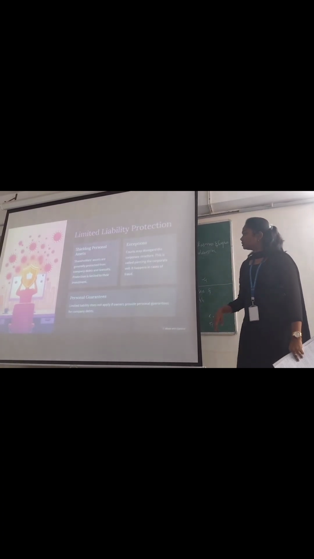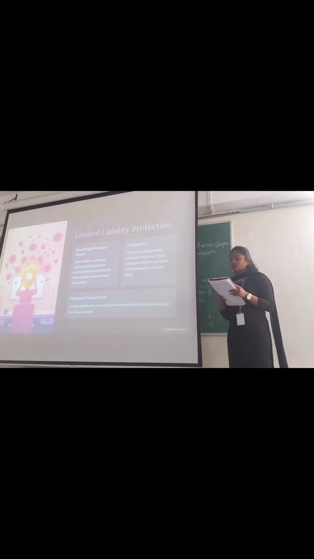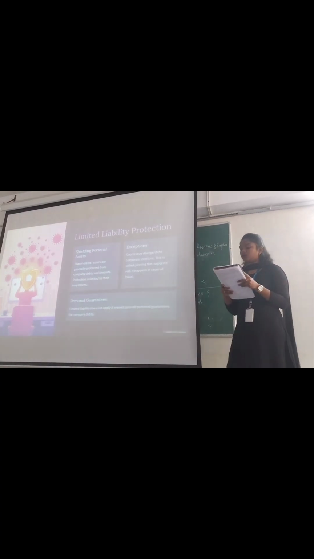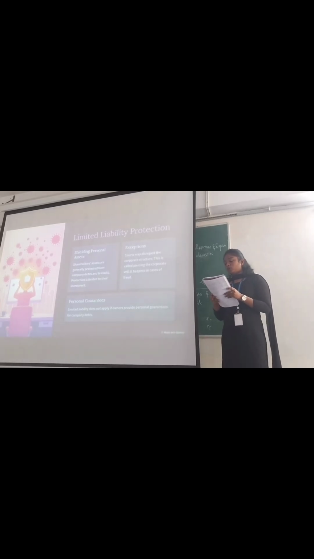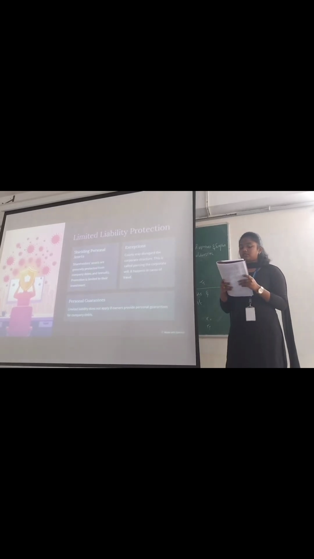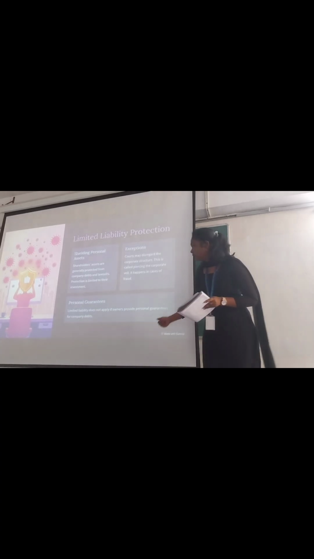The third one is personal guarantees. Personal guarantee means it's a promise made by an individual to repay a debt or loan if the original borrower, typically a business, is unable to repay it. So that is known as personal guarantee.